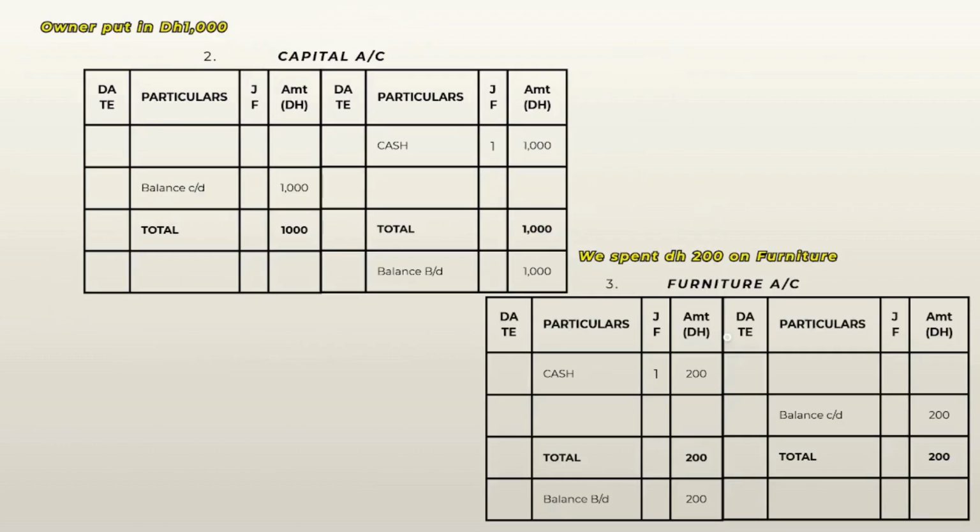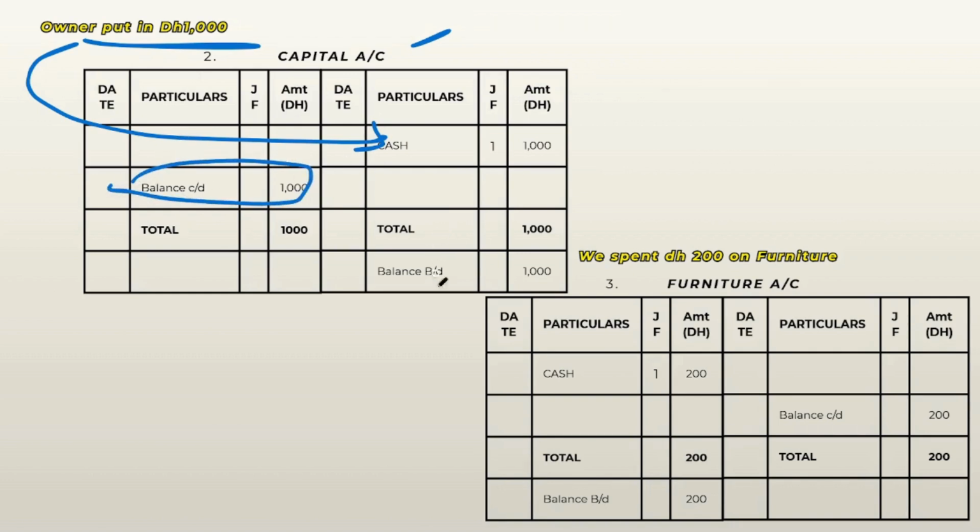Now that we understand the logic, let's quickly balance the other accounts, referencing the top table. Look at the capital account. The owner gave $1,000. It's on the credit side. The debit side is empty, so the balance carried down is $1,000, and the balance brought down, the final answer, is $1,000 on the credit side. Referencing the bottom table. Now, the furniture account. We bought it for $200. That's a debit.